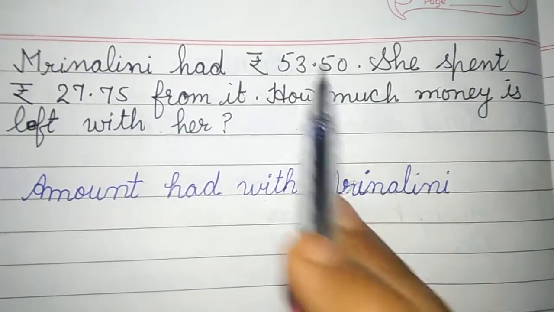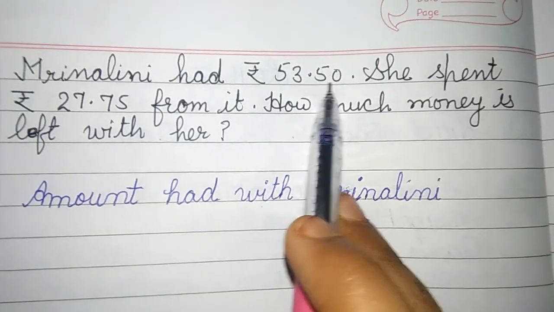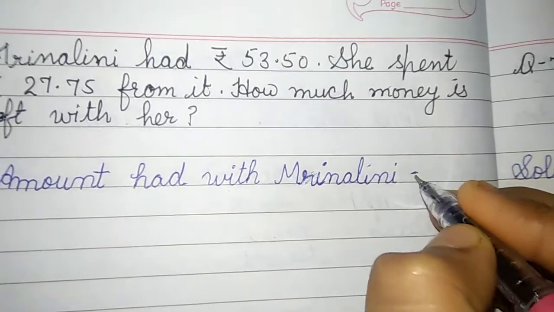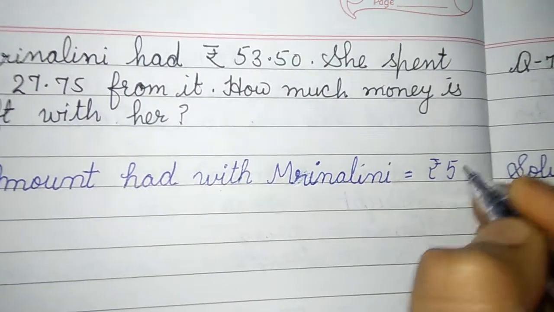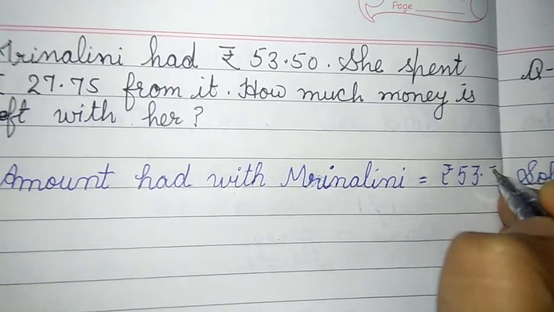How much money she had? 53 rupees 50 paise. Now we will write rupees 53.50.